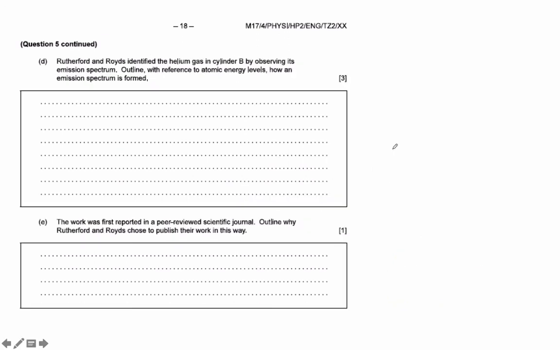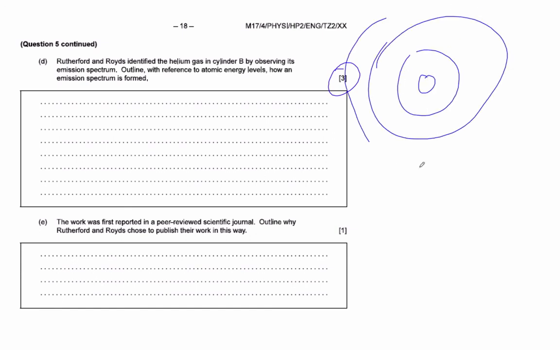All right, what do we got here? Rutherford and Royds identified helium gas in cylinder B by observing its emission spectrum. Outline with reference to atomic energy levels how an emission spectrum is formed. Well, hopefully you know this, right? So here's the nucleus, here's our orbitals, right? And the photons are made as electrons make transitions downward from upper orbitals to closer orbitals, right?